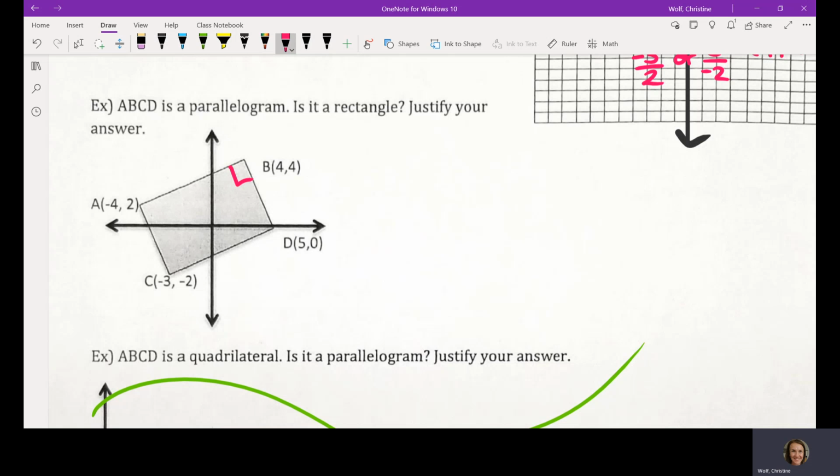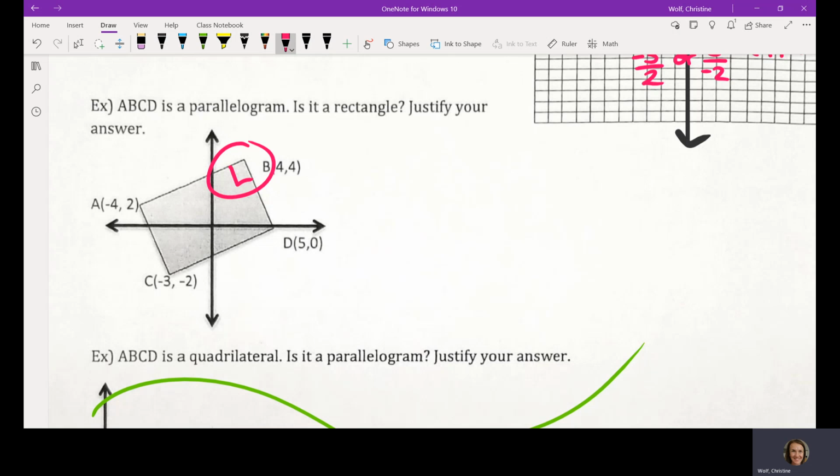So all we have to do is prove that a corner is 90 degrees, and we've proved it's a rectangle. Okay, how do we prove that's 90 degrees? You have to know the sides. What does that mean? Something to do with what we've been doing this whole 25 minutes.